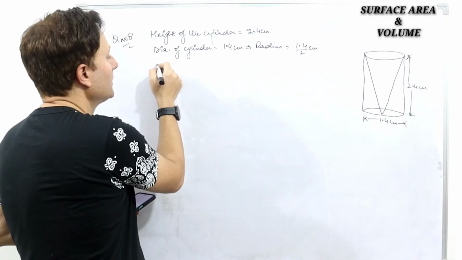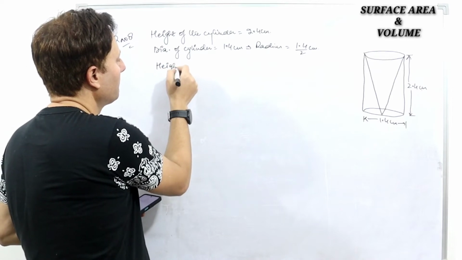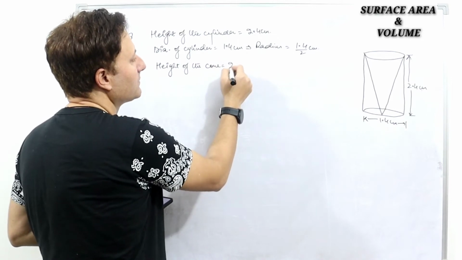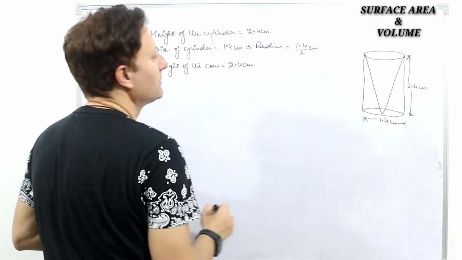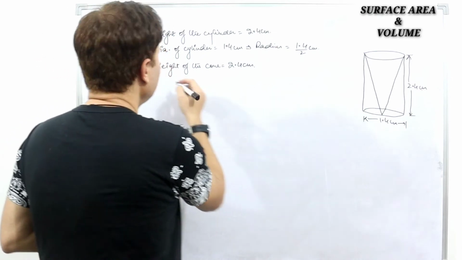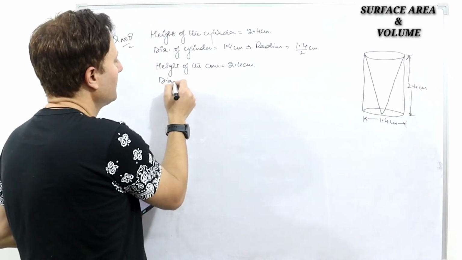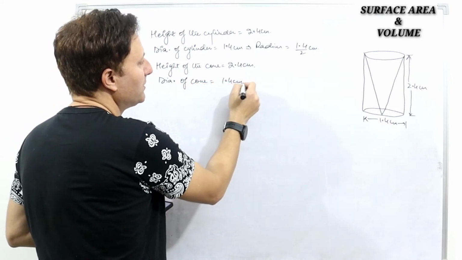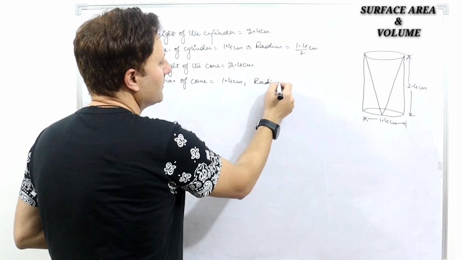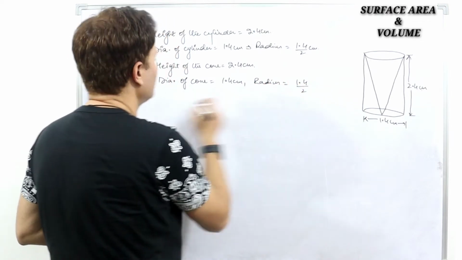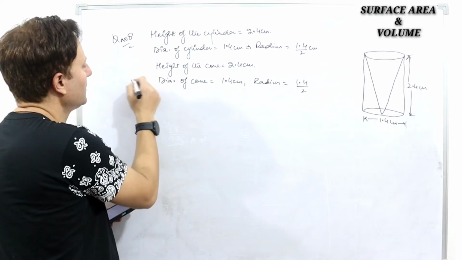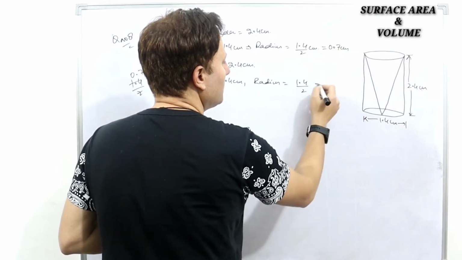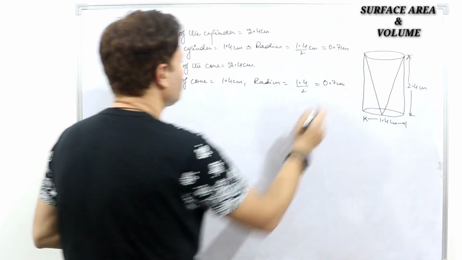So height of the cone is exactly the same as the height of the cylinder, that is 2.4 centimeter, and even the diameter of the cone is the same, 1.4 centimeter. Therefore radius is 1.4/2. If we divide 1.4 by 2, it is 0.7. So this is 0.7 centimeter. Even this is 0.7 centimeter.